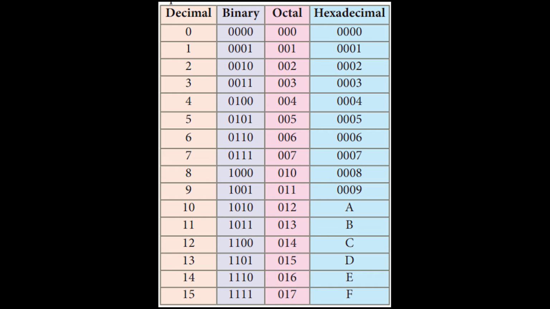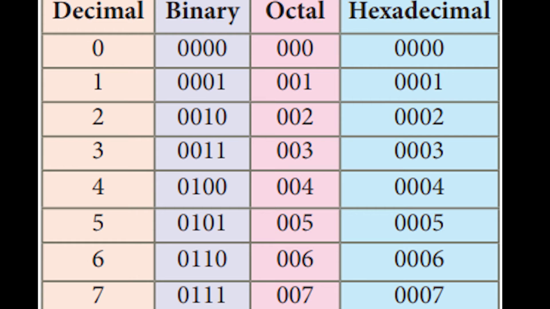If you are finding this difficult, I'll just give you an easy idea. First, just consider the first 8 digits, that is from 0 to 7. From 0 to 7, in octal and hexadecimal we have 0, 1, 2, 3, 4, 5, 6, 7, as in decimal.